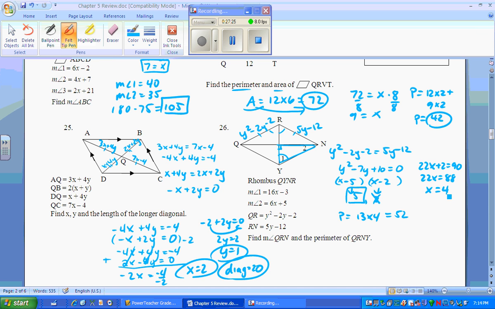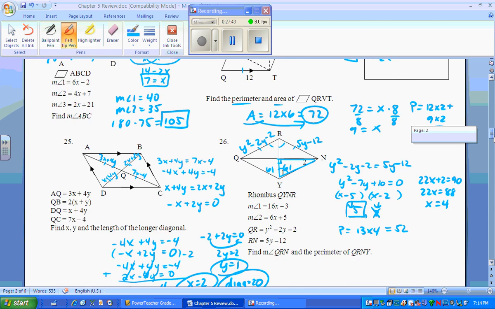So x ends up equaling 4. You need 16 times 4 minus 3. This is 61, giving you 122.